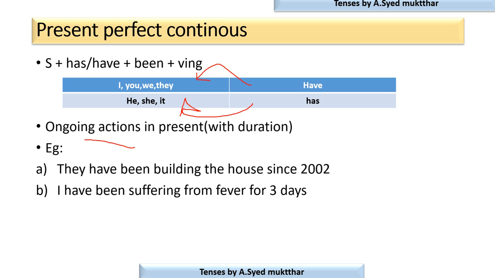Simply, the action starts in the past and continues until the present. They are building the house since 2002. In 2002 the action started, but it is still incomplete, still continuing. So this is present perfect continuous.